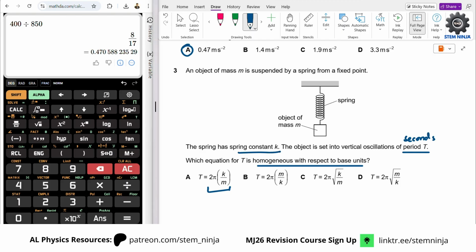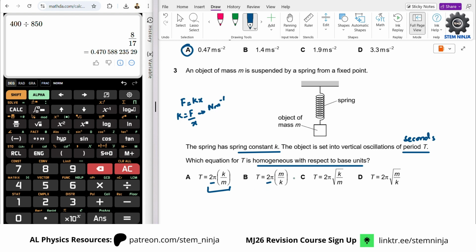The spring constant, we know, is related by F is equal to kx, and k would be force over extension. So its units are Newton per meter. In case you don't know, you can reuse these formulae for that. So basically what we need is a second.